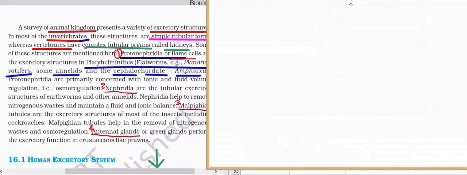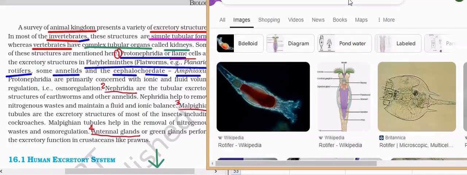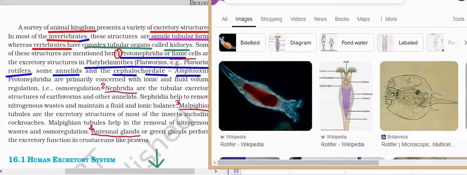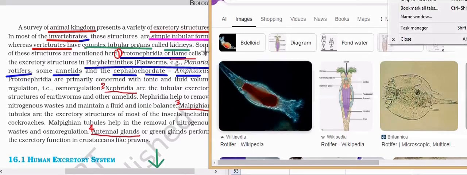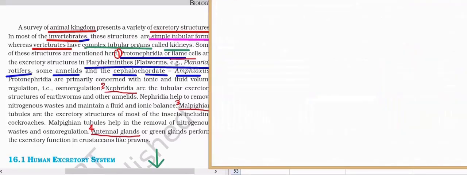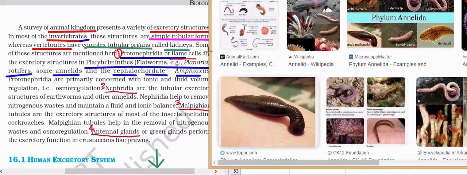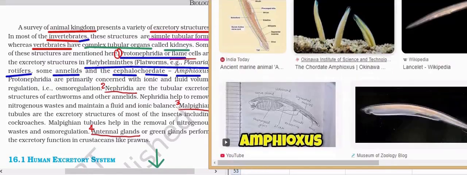Rotifers, just a second, I'll show you. What are rotifers? These are rotifers. They belong to the animal kingdom, but they don't belong to Protista, a separate kingdom. Next are annelids. All of you know earthworms are annelids. Next is Amphioxus, a cephalochordate, which means they have a type of notochord.